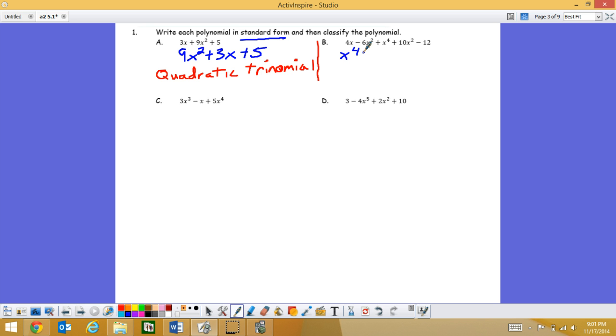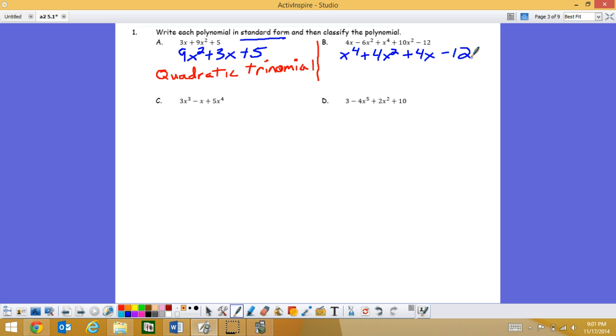And we've got a couple of terms with that, so we're going to combine those. And we have negative 6x squared plus 10x squared, which is 4x squared. And then our next highest exponent is 1. And then finally, our constant term, minus 12.